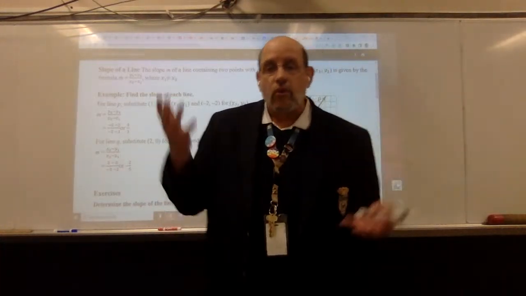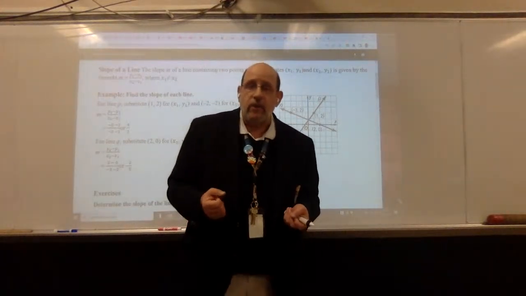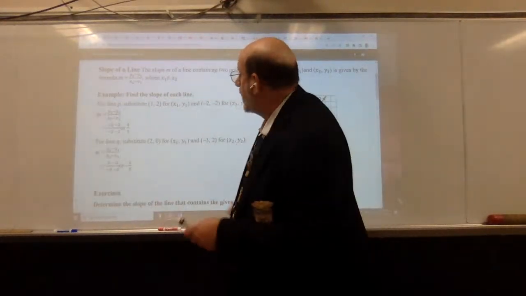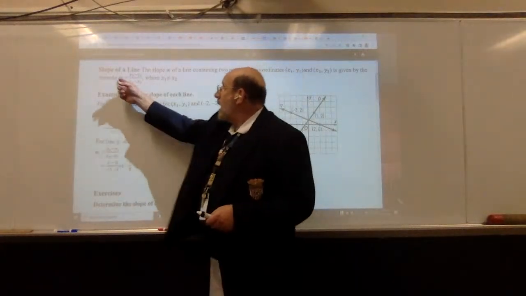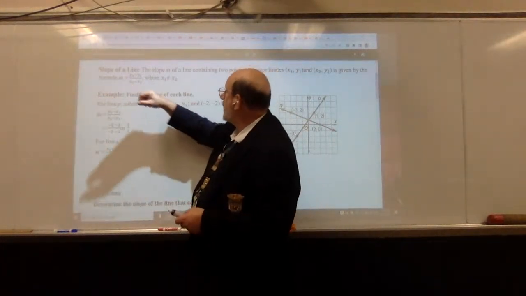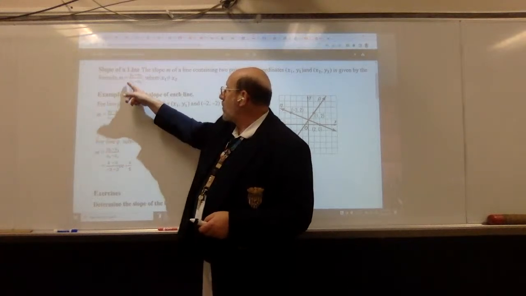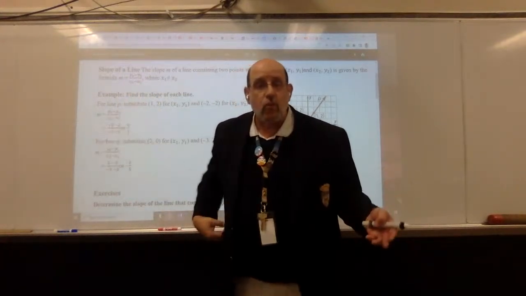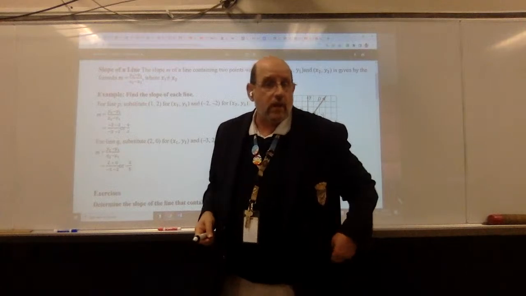We're figuring out what the steepness is, and we have a formula that goes with it. The formula for m, or slope, is y2 minus y1 over x2 minus x1. That's the rise over the run. I guess I could write that next to it.